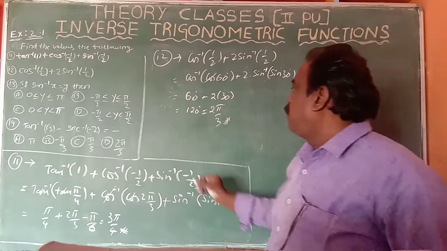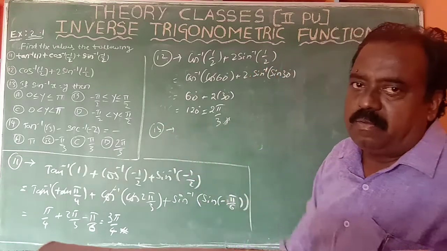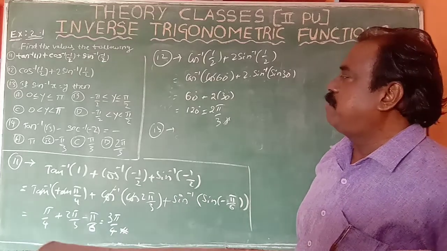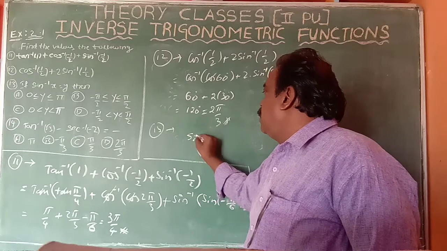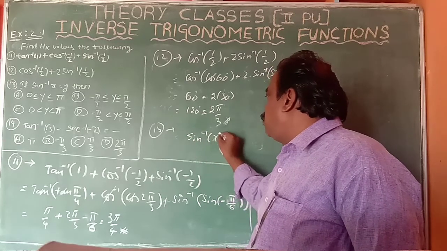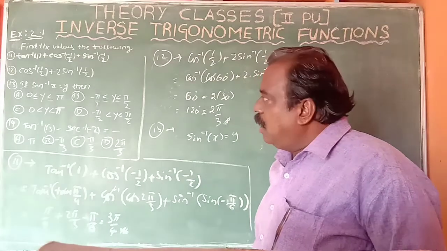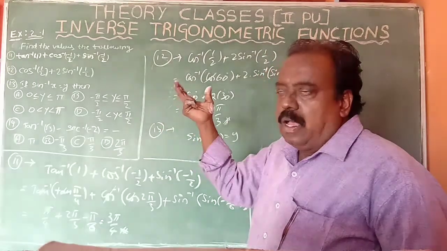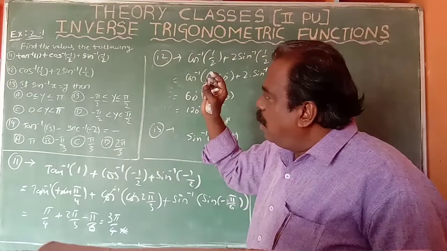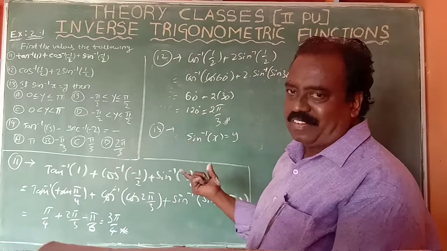So this is the answer to the 12th problem. Now the 13th problem. 13 and 14 are objective type. Given sin inverse x is equal to y. In the options the question is not asked.